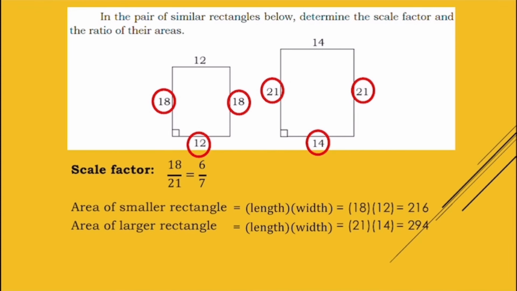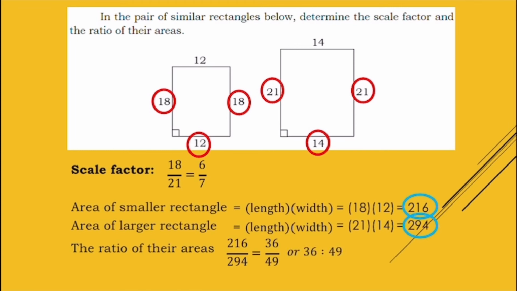Now, after we get the areas of the smaller and larger rectangles, let's get the ratio of their areas. Let's get 216 and 294. So we have 216 over 294, and in the lowest term, we get 36 over 49, or in terms of proportion, 36 is to 49.